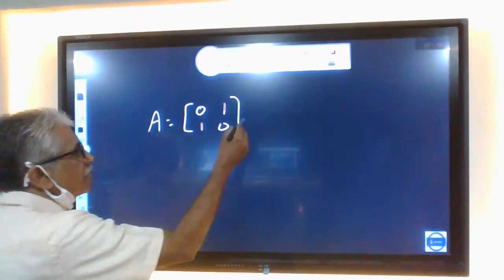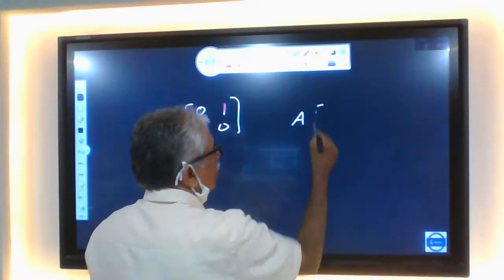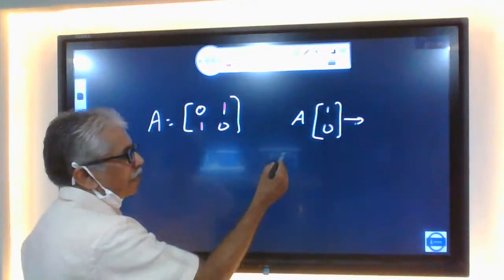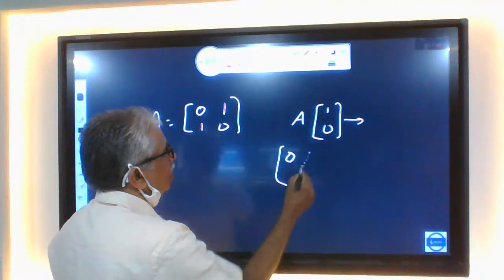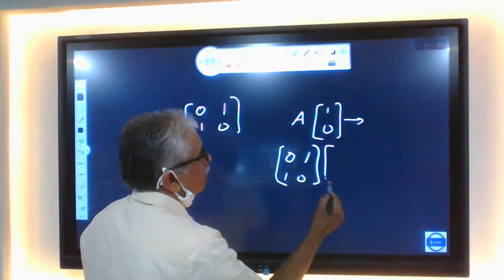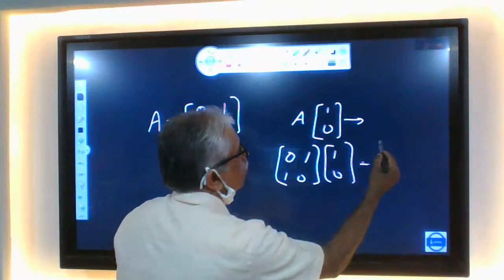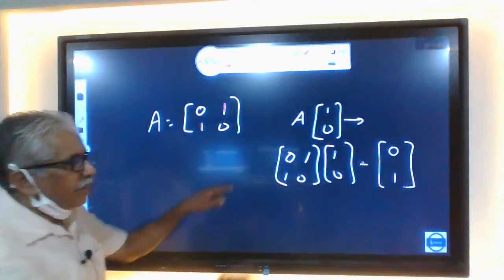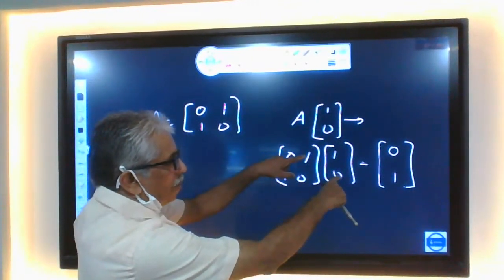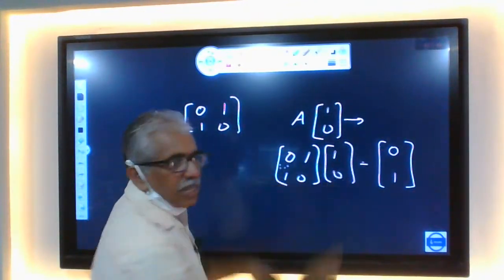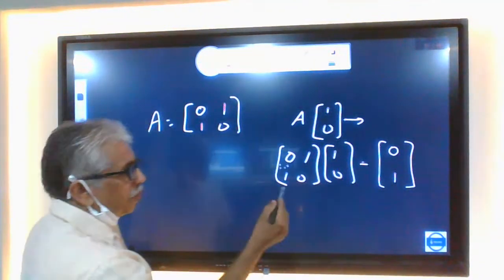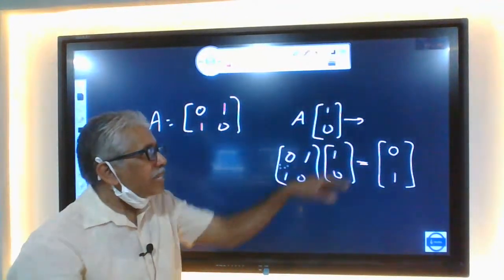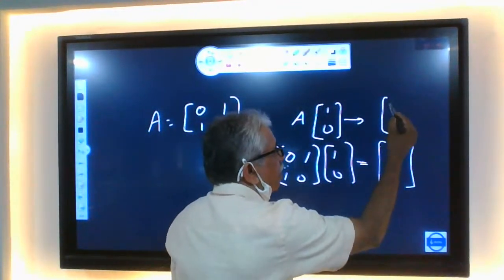So A into 1 0 will give you what? 0 1 1 0 into 1 0, and that will be equal to 0 1. Is it not? 0 into 1, 1 into 0, that is 0. 1 into 1 plus 0 into 0, that is 1. So this matrix is converting 1 0 to 0 1.